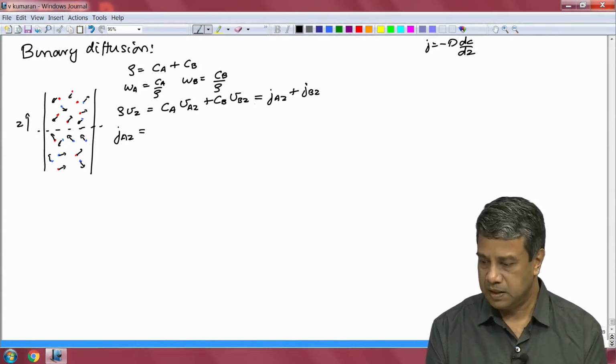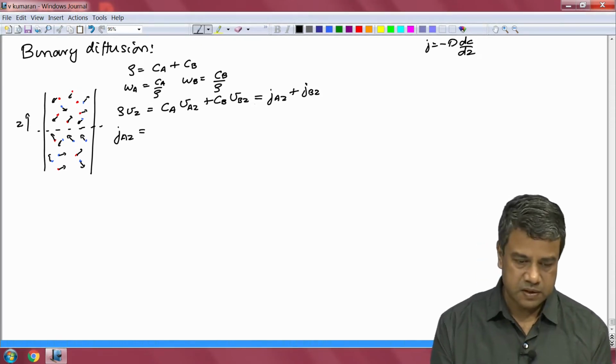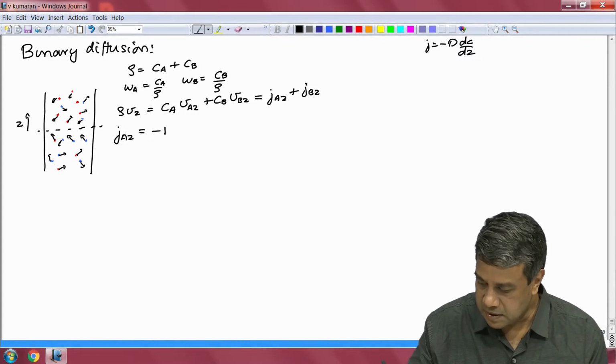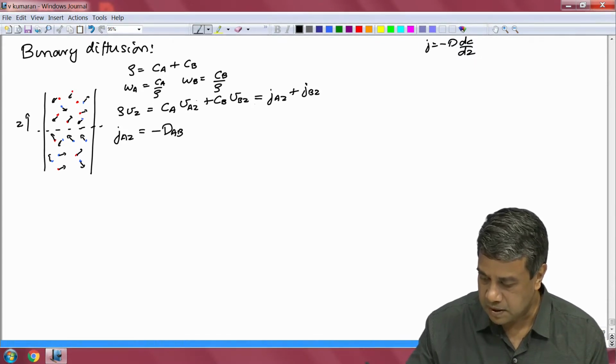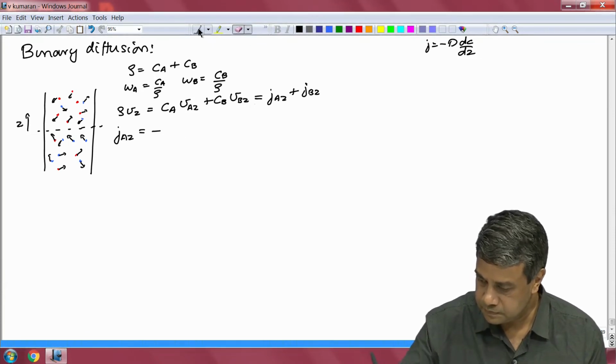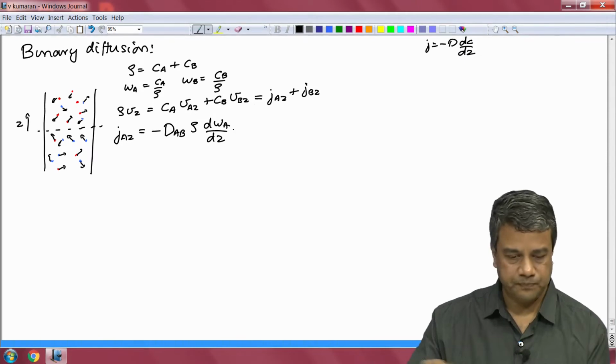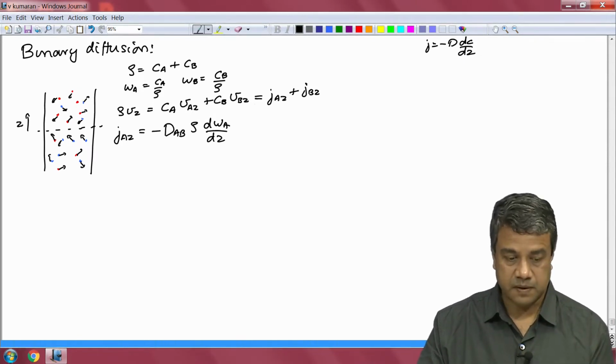In binary diffusion, this flux is written slightly differently. It is written as minus DAB rho times dWA by dz. That is the diffusive part of the mass flux.